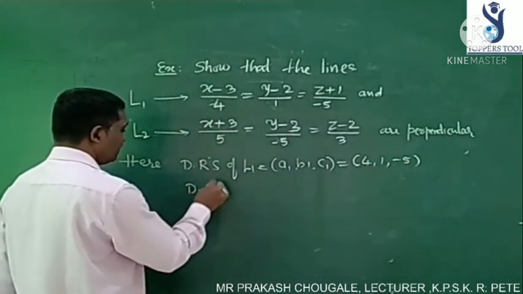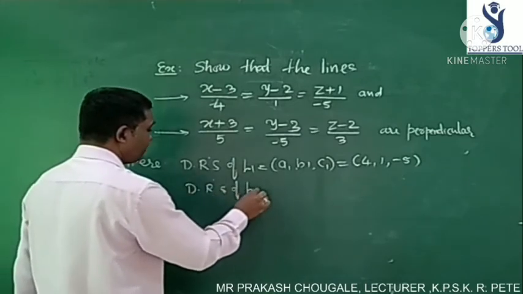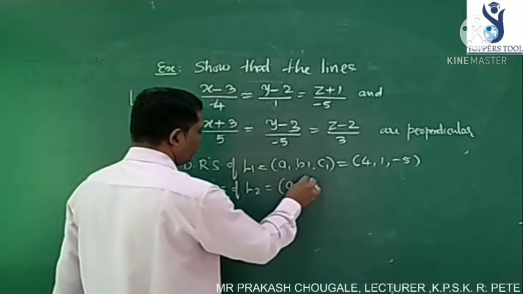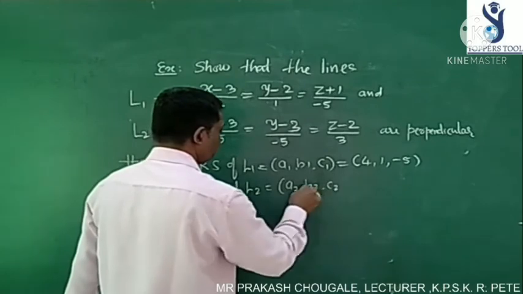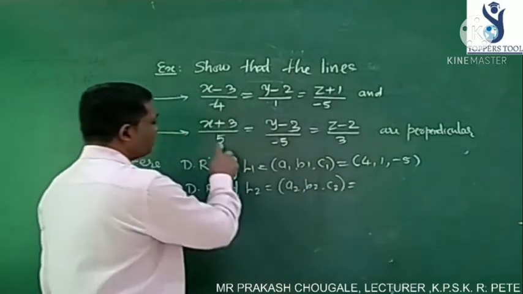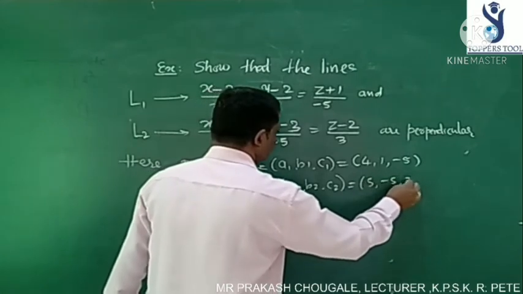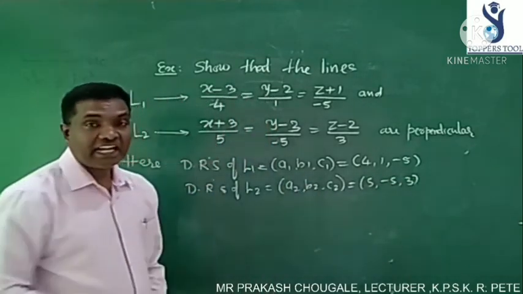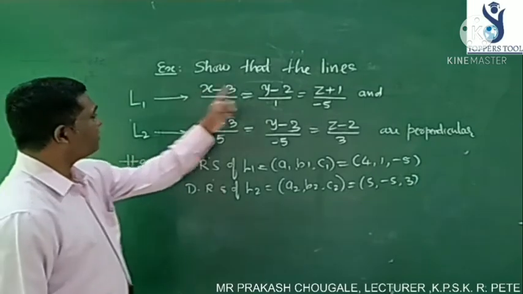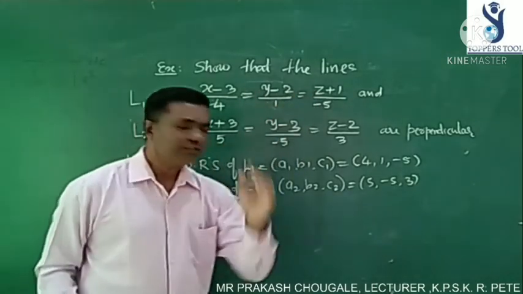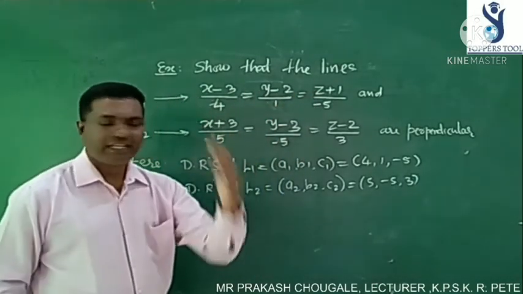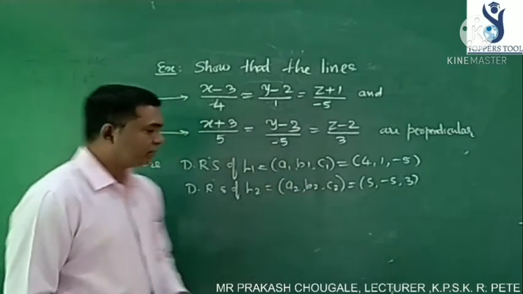And direction ratios of L2, A2, B2, C2, are 5, minus 5, 3. I have written directly because look at the coefficients of x, y, z, they are 1, 1, 1.